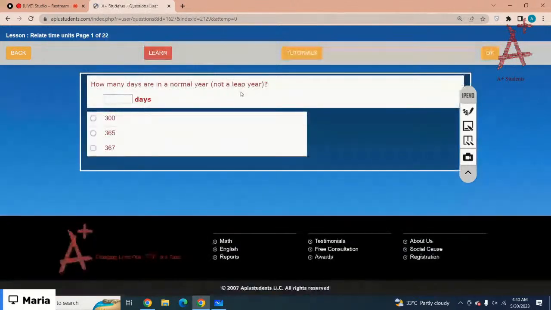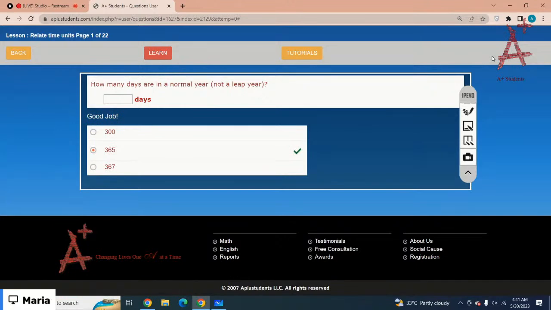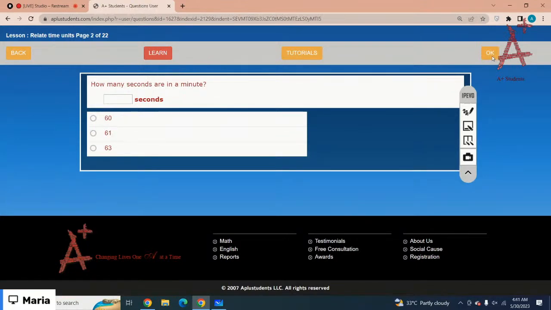Okay, how many days are in a normal year, not a leap year? Which is the correct option? So in 1 year you have 365 days. The correct option is 365. Very good. Okay, how many seconds are in a minute?